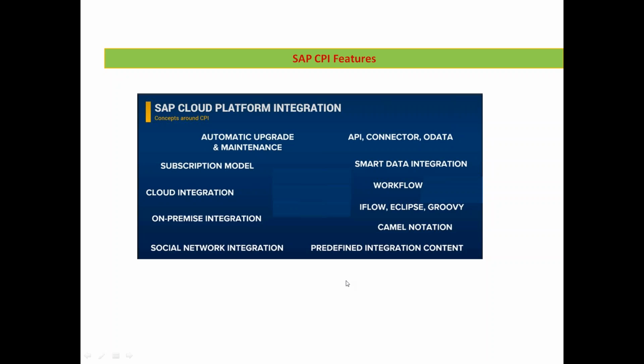The first letter should be in lowercase, and the next letter should be in uppercase. Like iPhone: i is lowercase and P is uppercase. So it has to follow the camel notation. The naming conventions in CPI must follow the camel notation. I will explain in detail once we go into the next sessions.